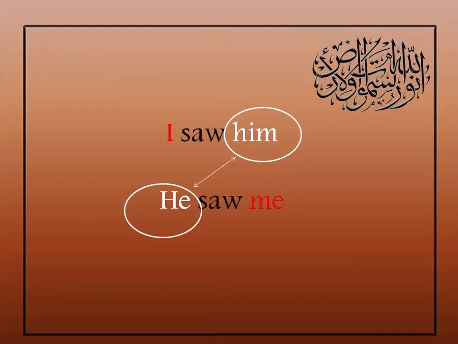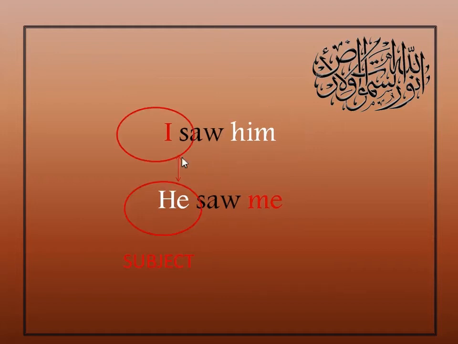You don't even probably process the fact that there are four different pronouns being used. So that's what case is. Why are these two words like this? I and he are subjects of the sentence, and they are in the subject case. I, he, she, we.